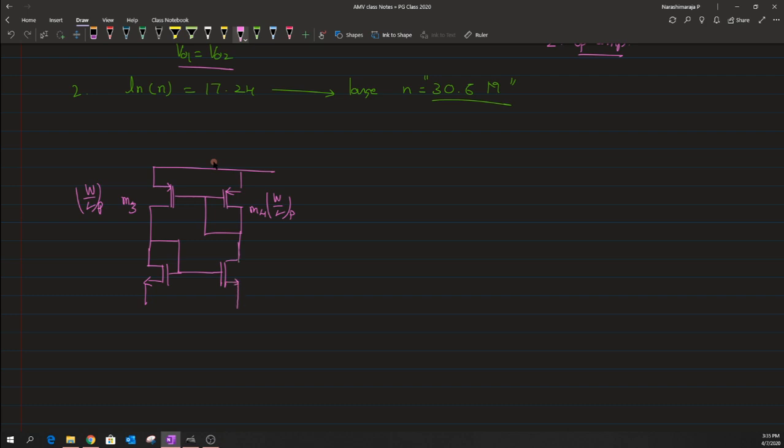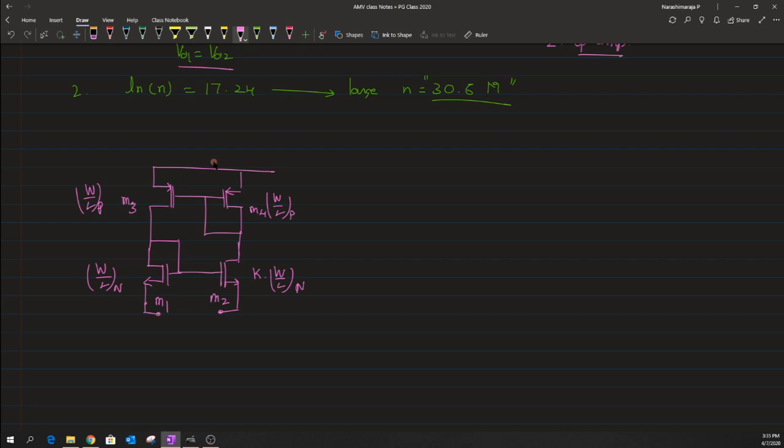Let me label this diode connected structure M1 and the other transistor M2. If the W/L of M1 is equal to W/L of N, then we previously had a factor of K being multiplied with the W/L of N. In that case, the voltage that we have here will not be the same, right.